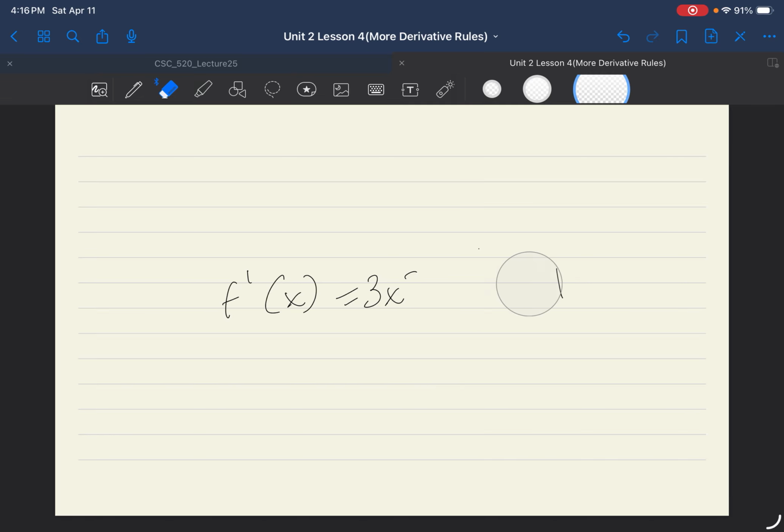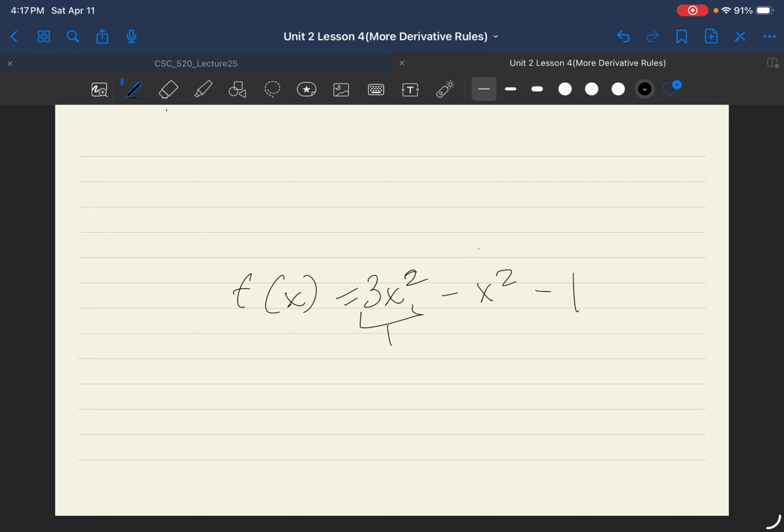Meaning, if we subtract, let's just make that x, then each of these components, again, will be individually derived.